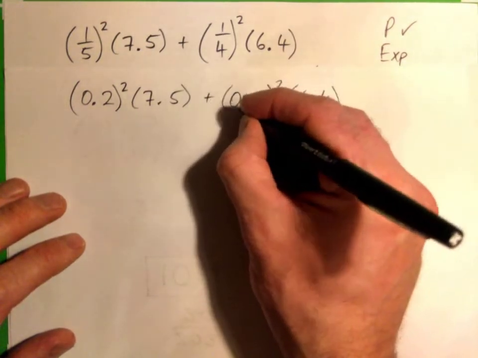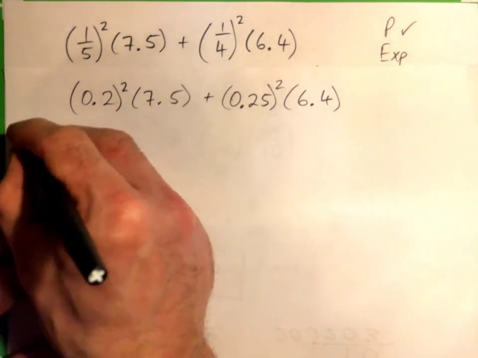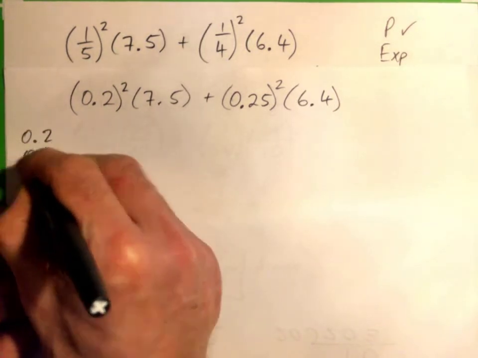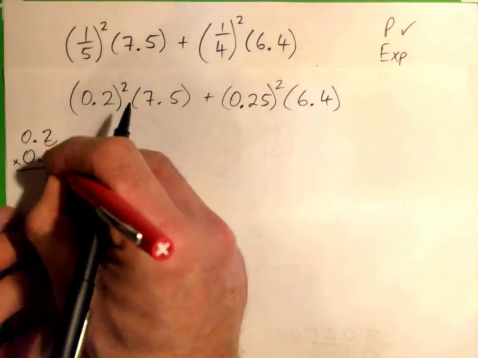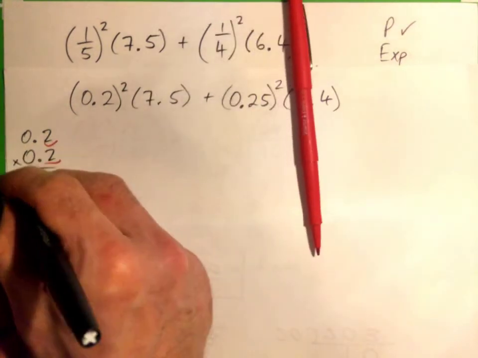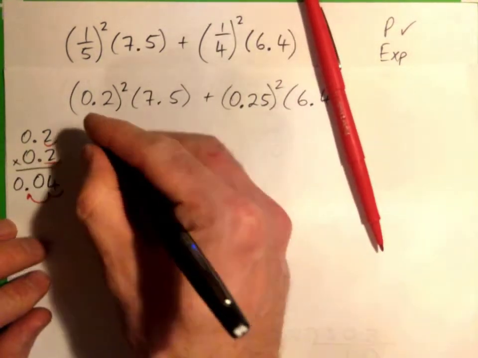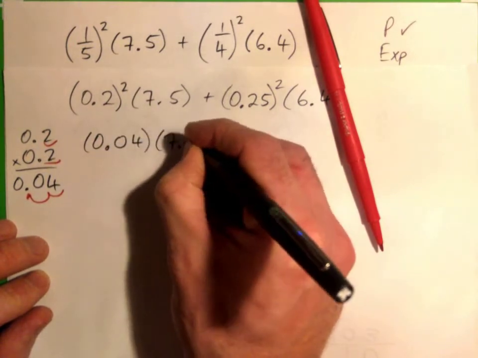It's 25 cents. Good. Now we have to square, though. We have to go 0.2, 0.2 multiplies to give 4, and there's 2 decimal points in the question, so there must be 1, 2. 0.04. Okay, so I'm getting 0.04 times 7.5 plus.